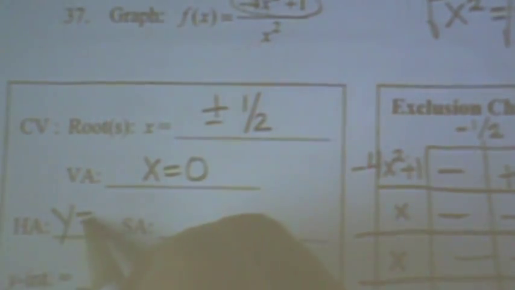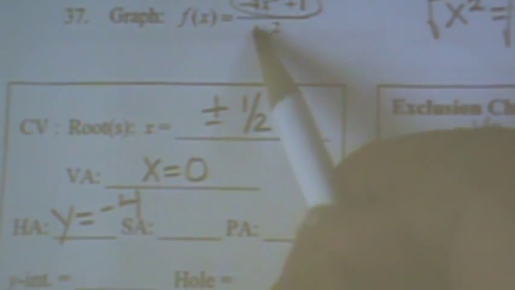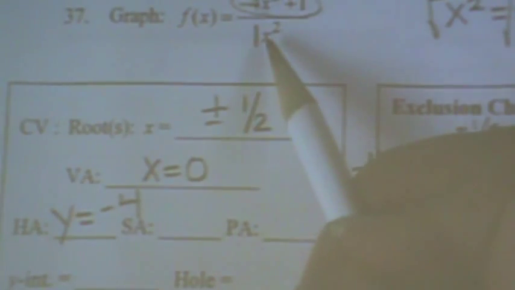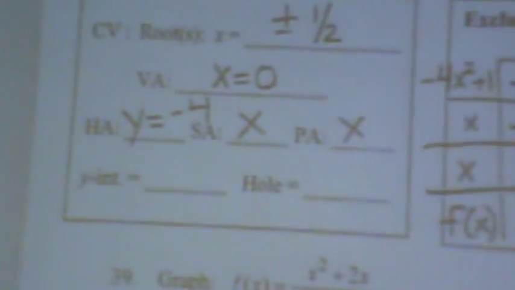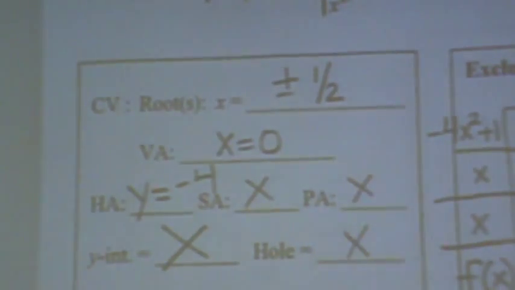So you have a horizontal asymptote at y equals -4. Do you know why? Because if the degrees are the same, you take the leading coefficient of the numerator over the leading coefficient of the denominator. So y equals -4. 1, 2, 3, 4. At your y, your horizontal asymptote. So that means there's no slant or parabolic. There's no hole. In your y-intercept, you can't have one because if you plugged 0 in here, it's undefined.